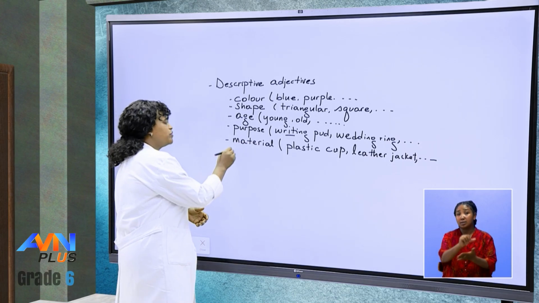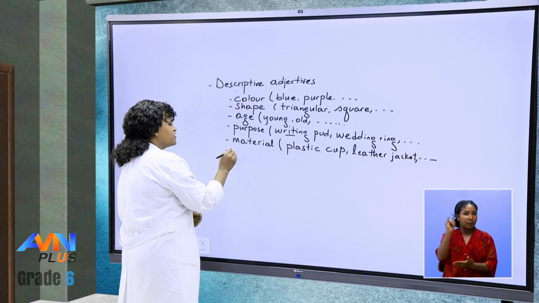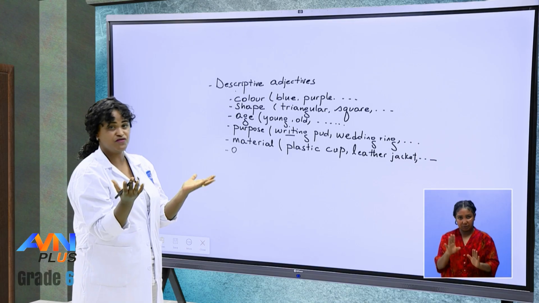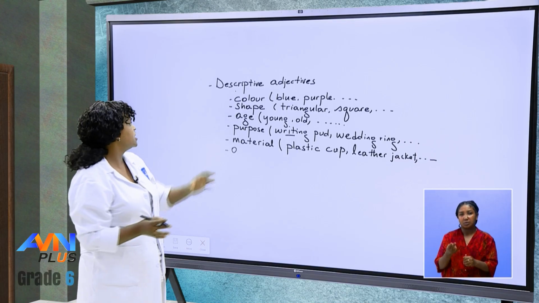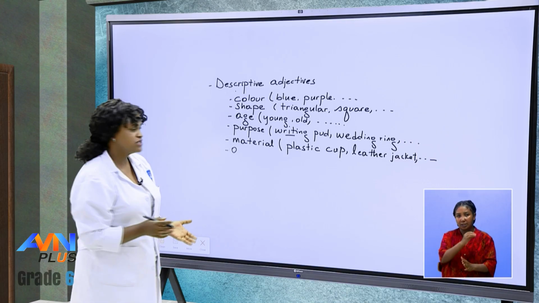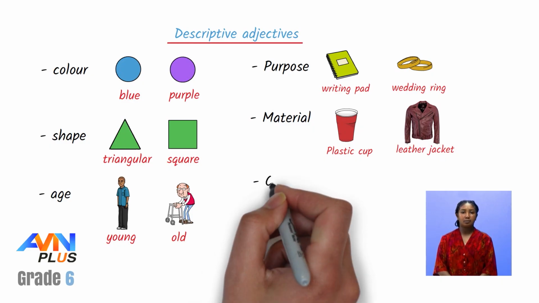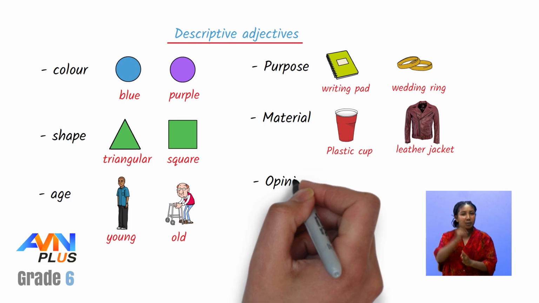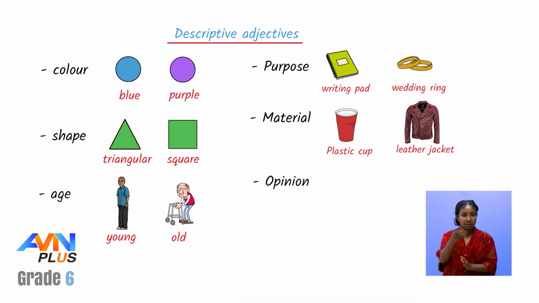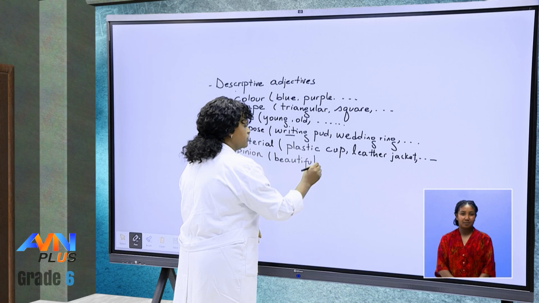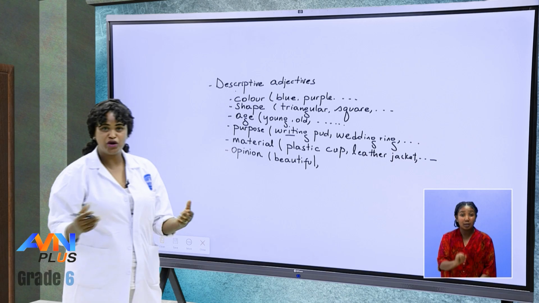The other, opinion. Actually, opinion comes at first, but without the order, we are looking at the types of adjectives that are bounded under descriptive adjectives. Opinion. What does it mean, opinion? For example, when you say to someone, beautiful, that's opinion. Because beauty is in the eye of the beholder.